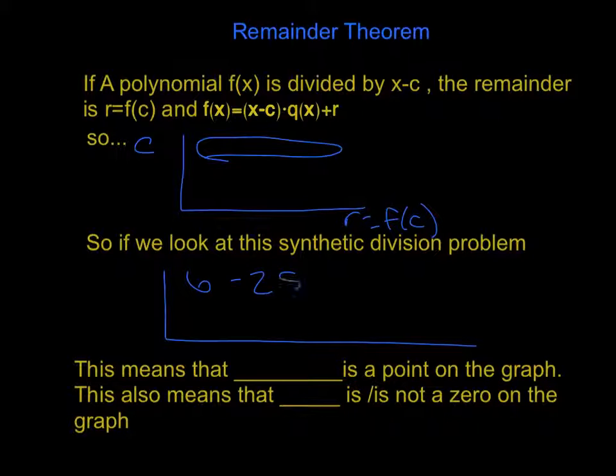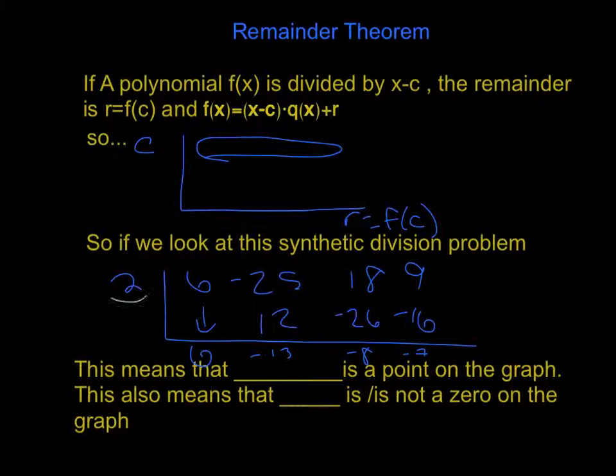So if we look at this division pattern, for example, 6, negative 25, a problem that we did a couple slides ago, 2, 6, negative 13, 12, negative 13, negative 26, negative 8, 7. That means that 2, negative 7 is a point on your graph.